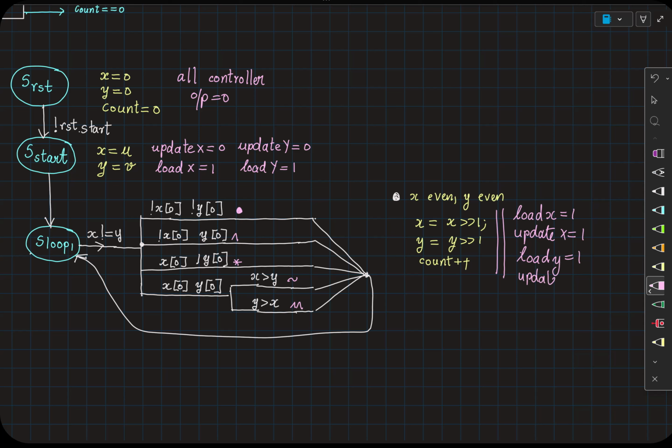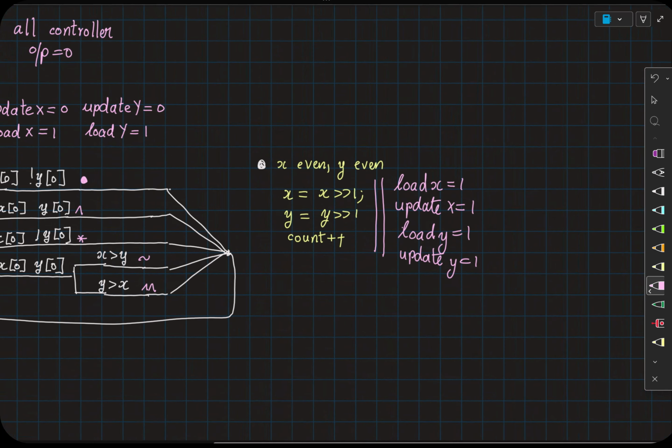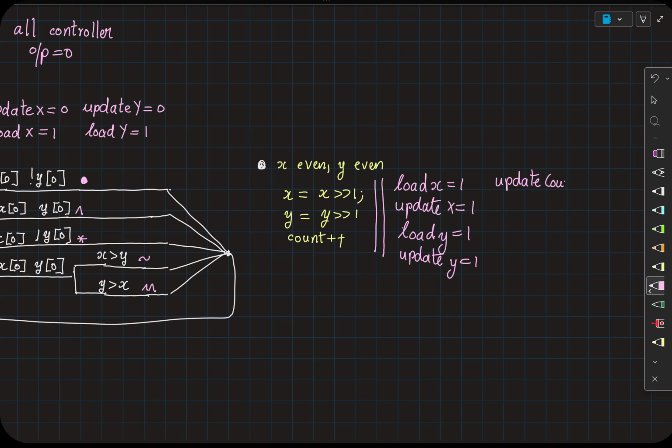Update Y equal to 1. Now we are also updating our count variable, right? Count equals count plus 1. So what should happen to the update counter variable? This should be 1. And what about up slash down bar? This should also be 1, because we want our counter to be counting up. Okay. So is this clear? Any questions on this? And you can say that all the other controller outputs can be equal to 0.